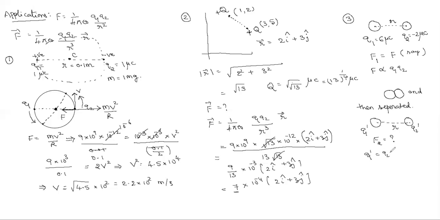Q1 dash and Q2 dash are not known, but they are kept in contact and then separated, so Q1 dash equals Q2 dash equals (Q1 plus Q2) by 2.